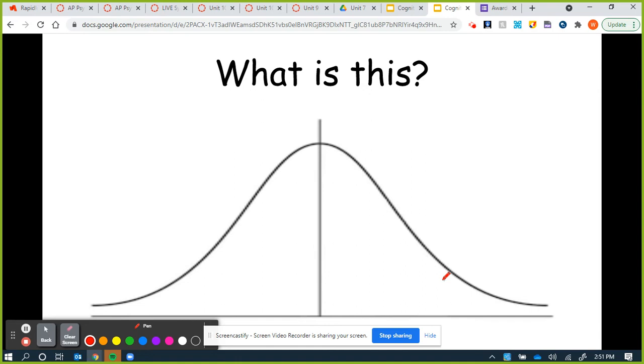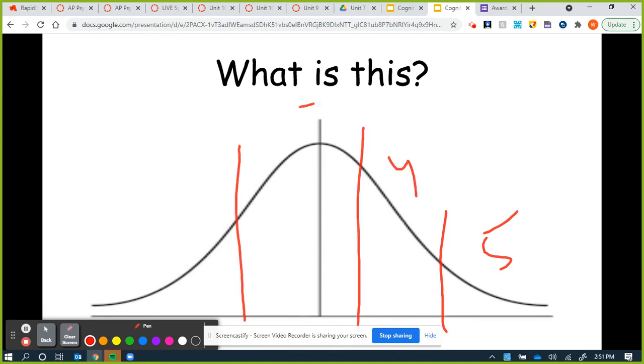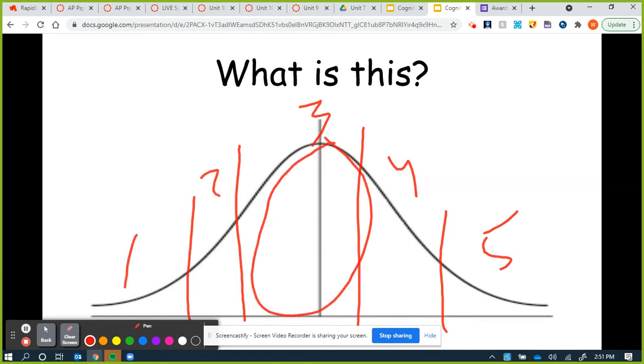They do that with the AP exam, so that here might be the 5s, here might be the 4s, and then you're going to have the 3s, the 2s, and then the 1s. The vast majority of people are going to get a 3 on it.